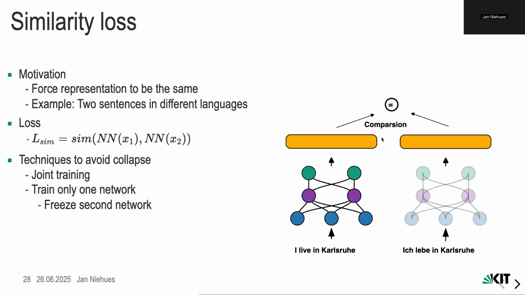You're forcing the structure for German and English to stay the same, and now the other one learns to map to it. But since you're not changing the German text, it cannot all be mapped to one point.